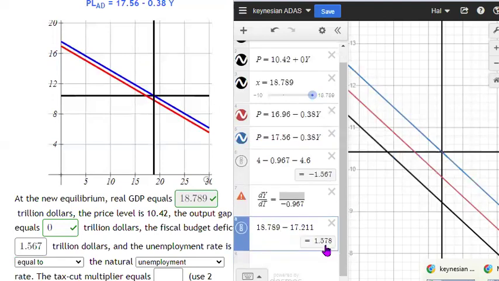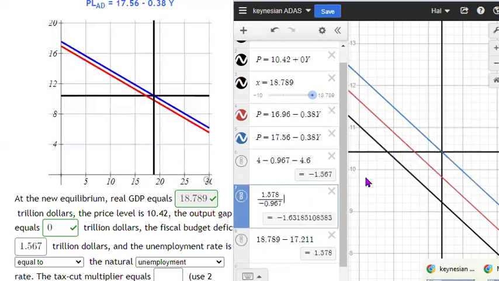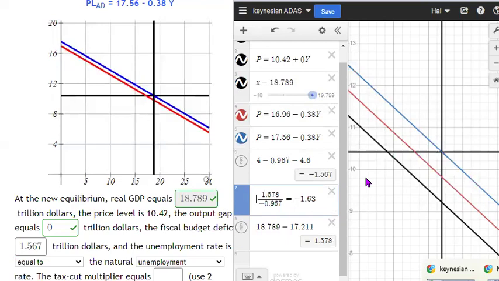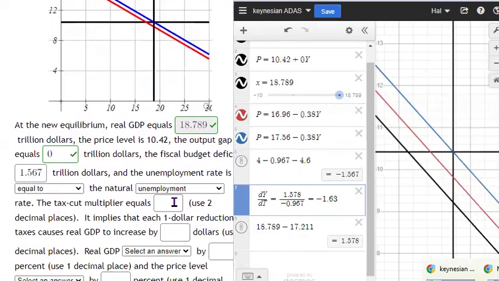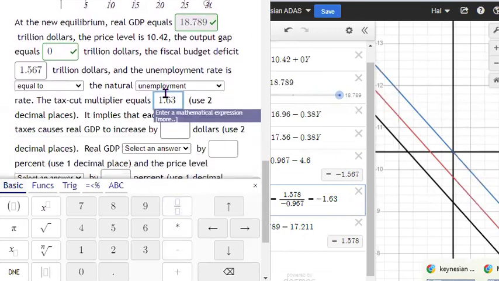So the increase in GDP is 1.578. That 1.578 increase in GDP is a result of the tax cut. So what is the value of this ratio? Negative 1.63. So the tax cut multiplier is 1.63. I think I need to make it negative, right?